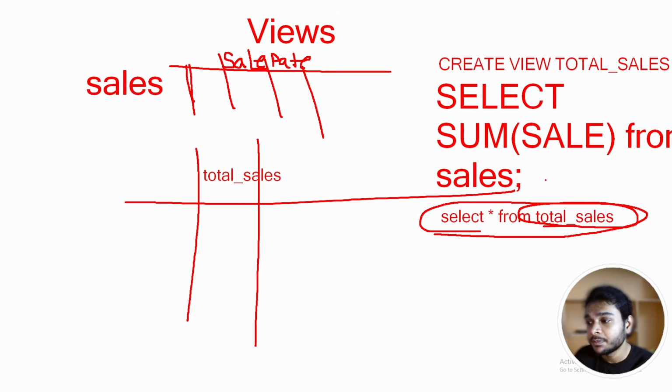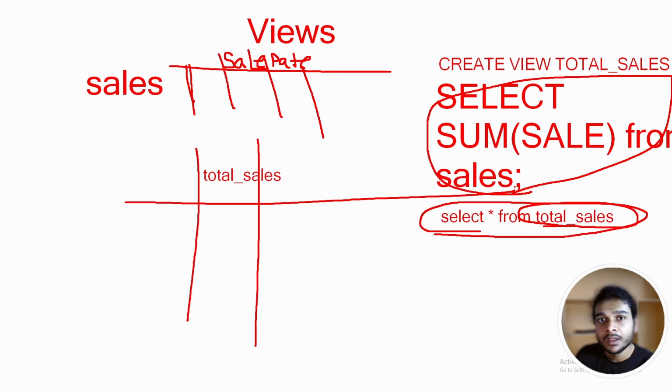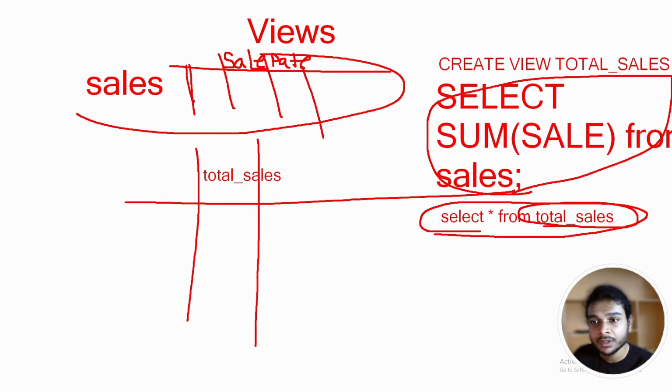It runs the query behind the scenes, the query that we used to create the view. It goes back to the source table, sales, pulls the data out, and then gives you the data. It queries the data every time from the source table.